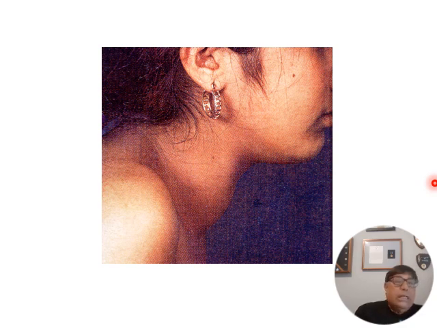Now it is tough sometimes to differentiate whether this is a pad of fat under the platysma muscle or it is thyromegaly. In fact, an experienced clinician sometimes has a hard time differentiating.